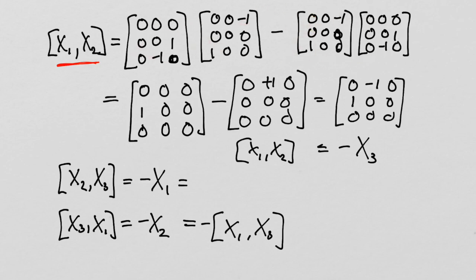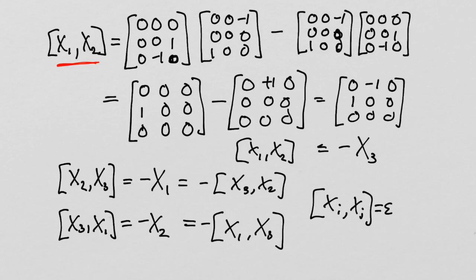So it just switches the minus sign. So this will be minus x3 x2, and ultimately we have the rule: the bracket of xi, xj is going to equal minus epsilon i j k x k, right?